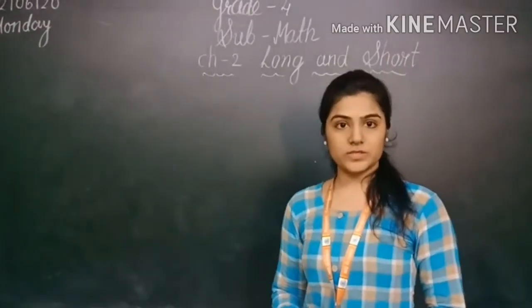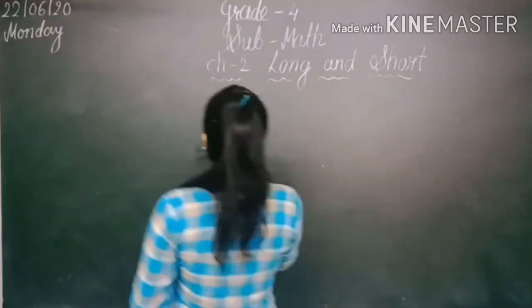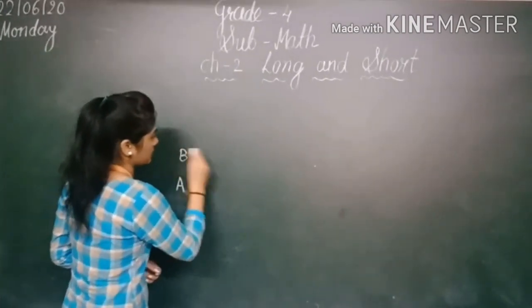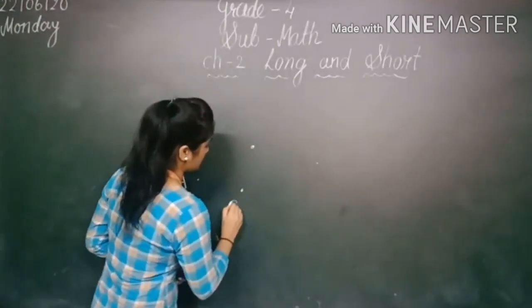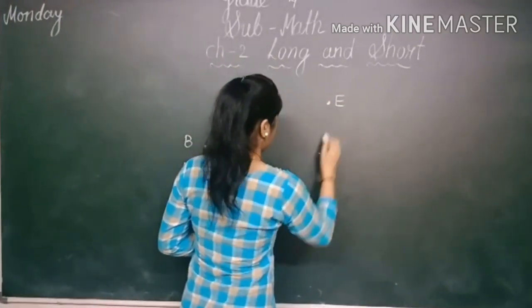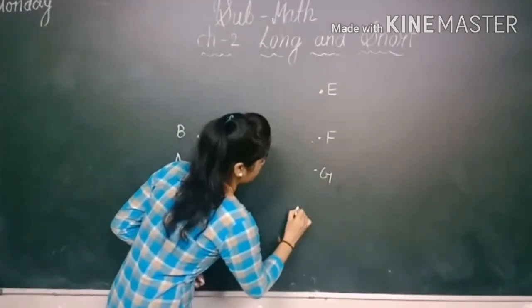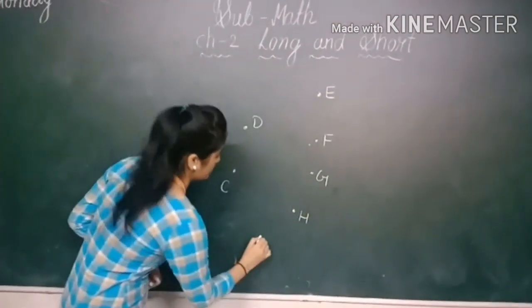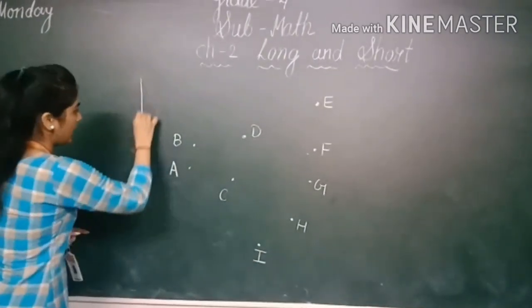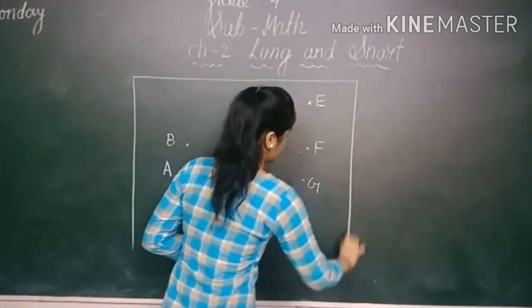Now on the basis of these terms long and short, we are doing one exercise. And in this we are using alphabets. Now you can see I have drawn this alphabet for the terms long and short.